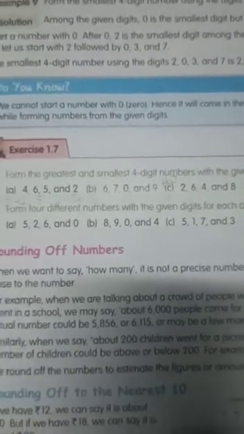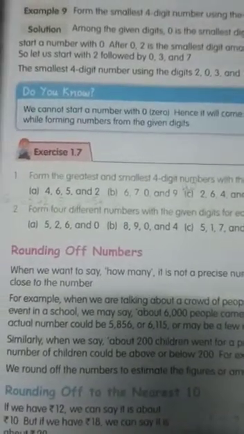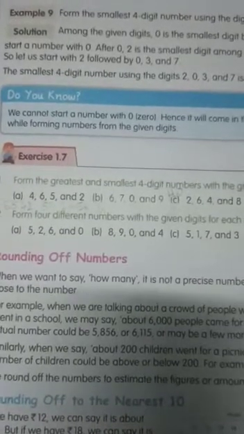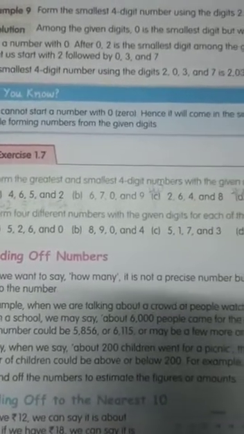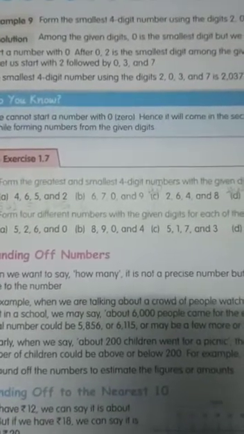Suppose some children are going to a picnic, so it is about 200 children, but the actual number of children could be above or below 200, that is nothing but 186 or 208.